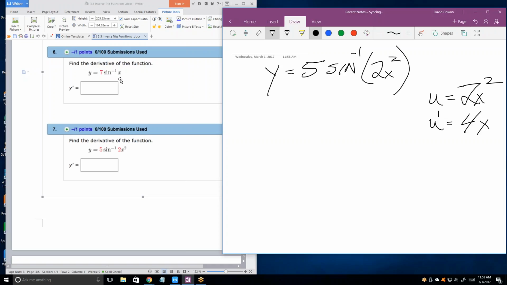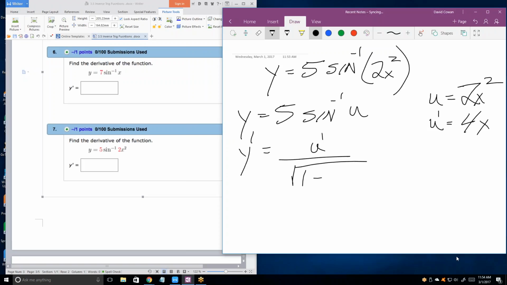All right, so here's our problem. We have 5 inverse sine of u. Well, we know our answer, y prime, has to be not 1 over square root of 1 minus u squared, but u prime over square root of 1 minus u squared.